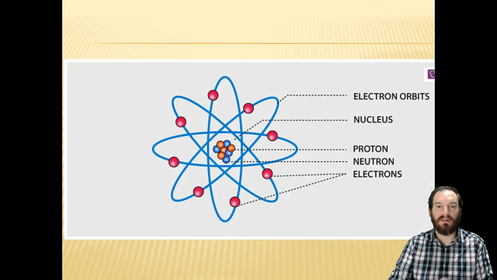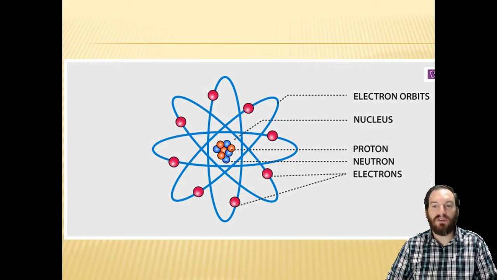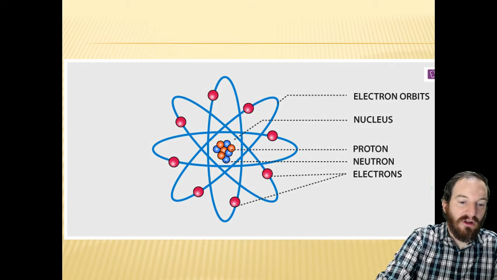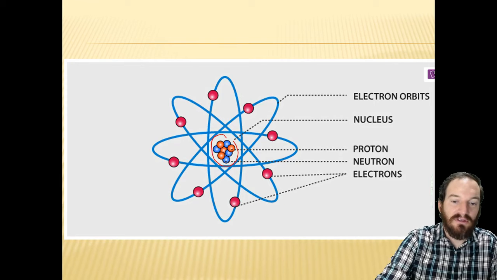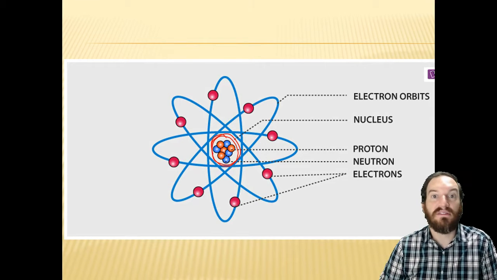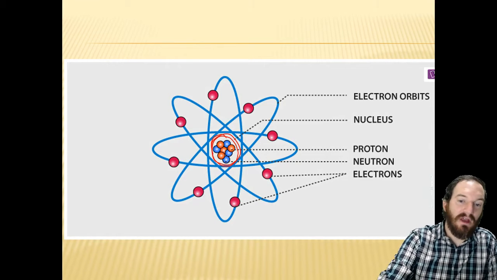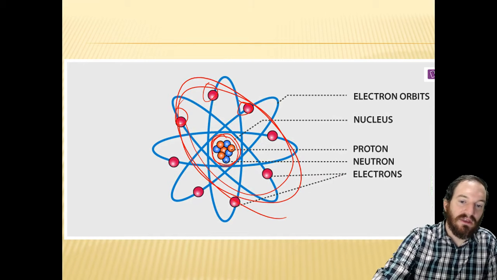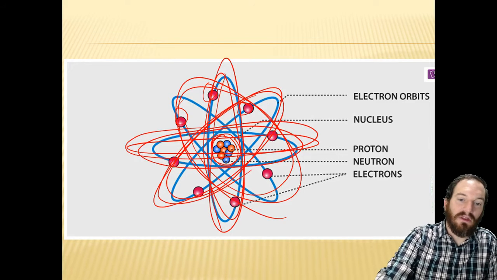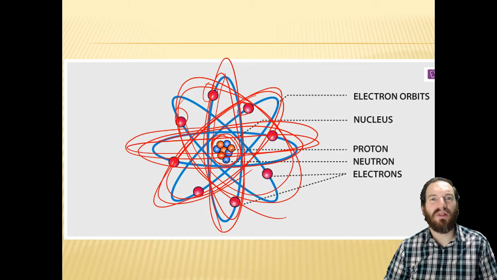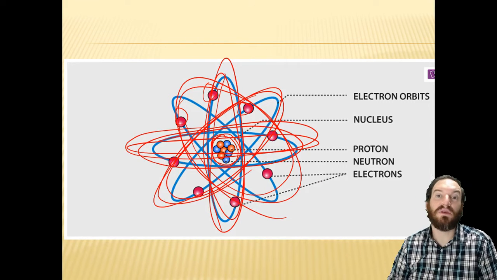Now, we do these really simplified drawings. Let me draw on here as I go through with you. But here again is the nucleus right smack in the center. Now, buzzing around, these little red dots whipping around the outside, they're moving constantly. So they're making all these different orbitals as they go around the nucleus, kind of like the planets going around the sun, but at a much, much faster rate of speed.